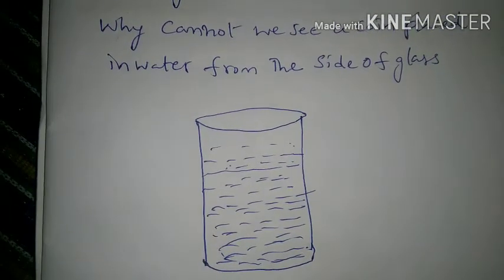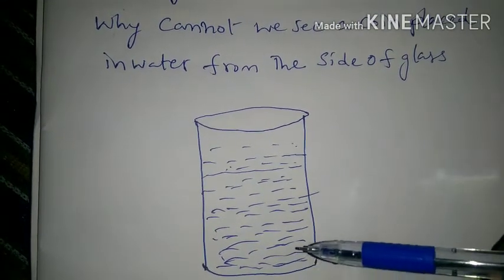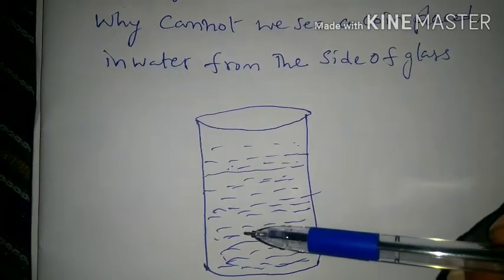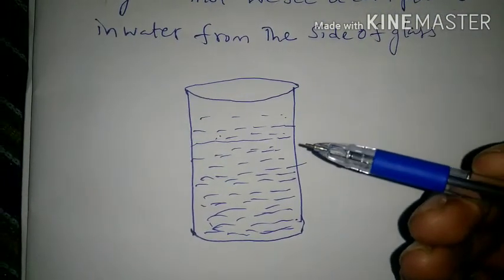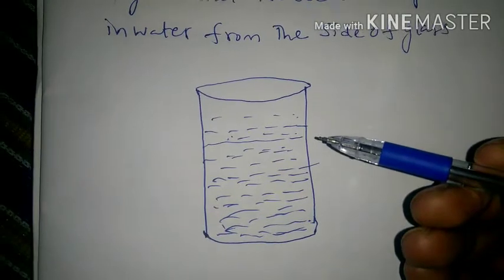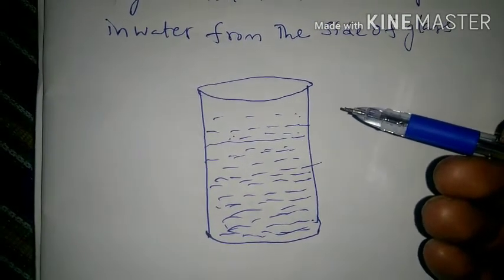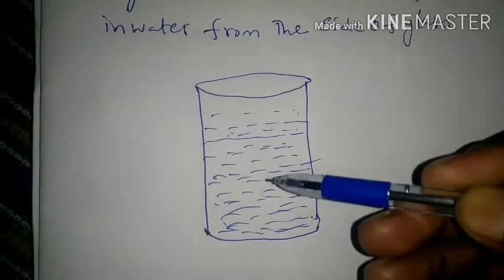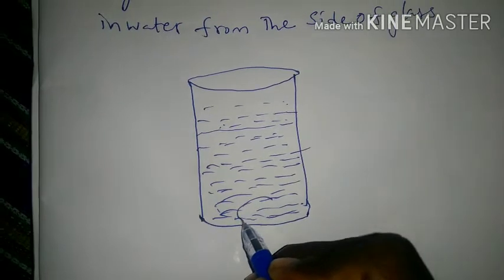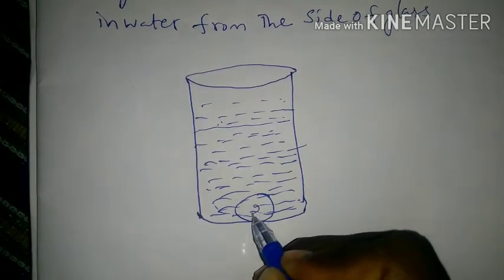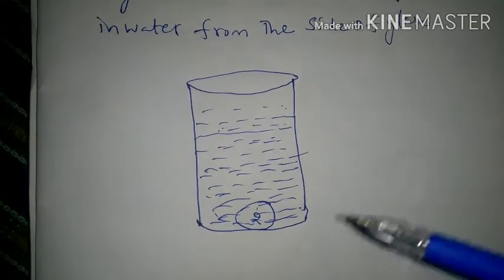Take a transparent glass with water. Next, take a 2 rupees coin and place it at the bottom of the transparent glass.